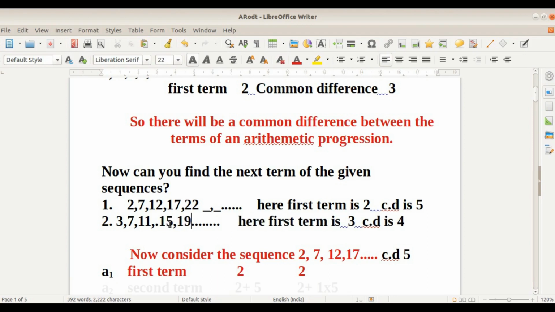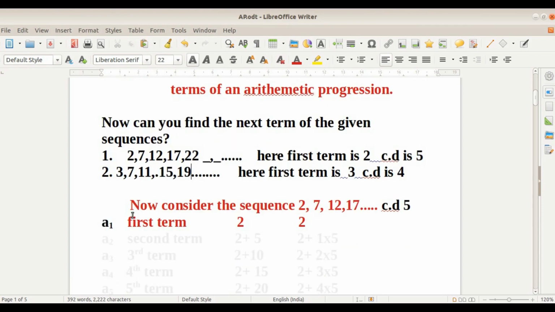Now consider our first question, first sequence: 2, 7, 12, 17, etc., with the common difference 5 and the first term 2. Normally we write the general form of an AP as a1, a2, a3, etc., an. Our first term we can consider a1.